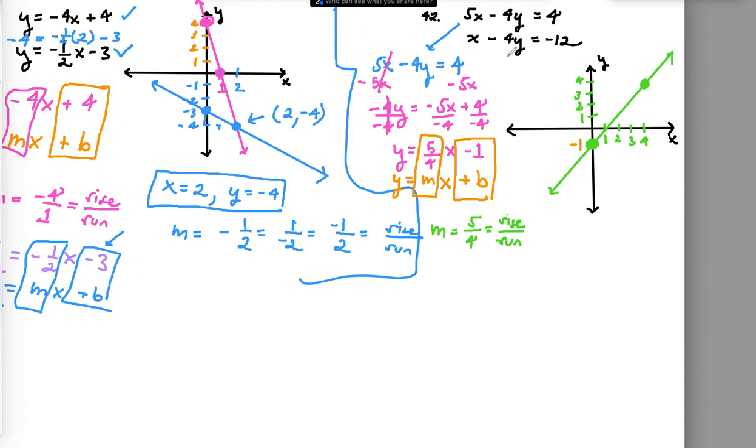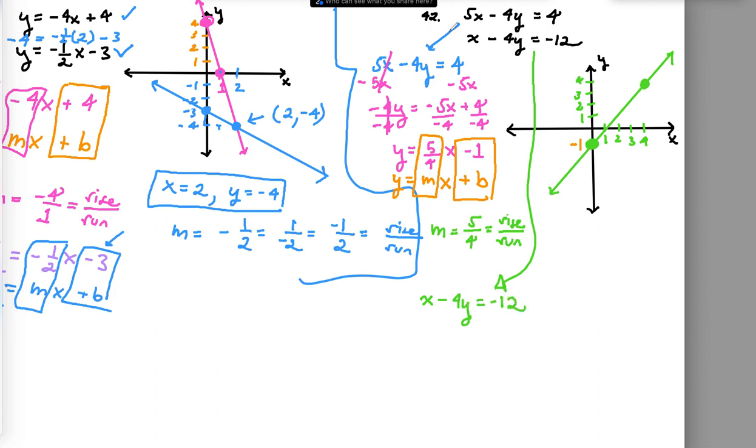Now I do the same thing for the other line. I'm going to bring that one all the way down here and replicate this process. I want to change this equation into the form y equals mx plus b by solving for y. x minus 4y equals negative 12.